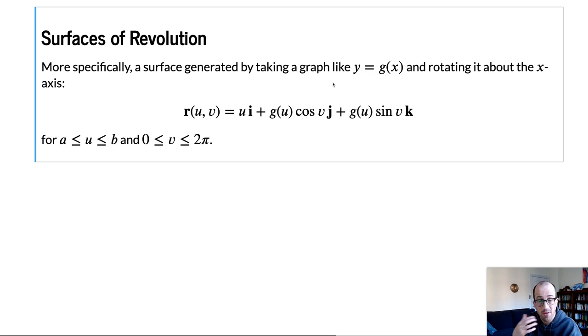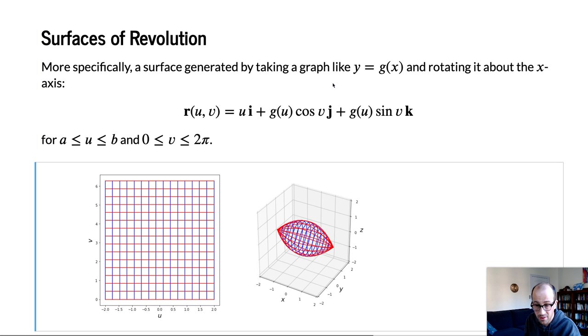And so how do I parameterize that surface here? Well, you take your two parameters, and their meanings will be fairly specific. One parameter, say u, will track along the axis. So here I've got a function that I'm rotating around the x-axis. You see that here, the x-axis runs horizontally there. So u will take on that role.